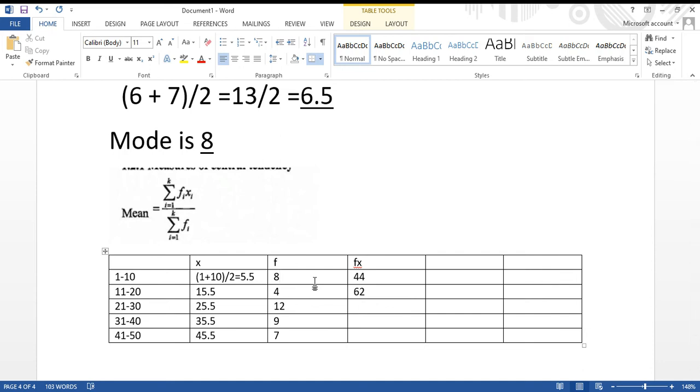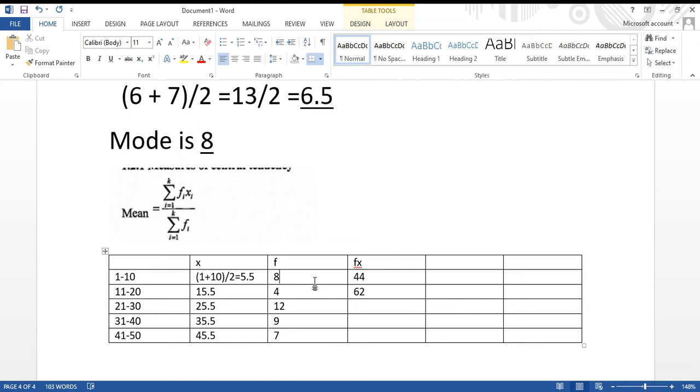In the class of 11 to 20, we've got 4 values. So f will be given to you. Usually, they'll even give you the whole table and just tell you to find the mean and everything else.